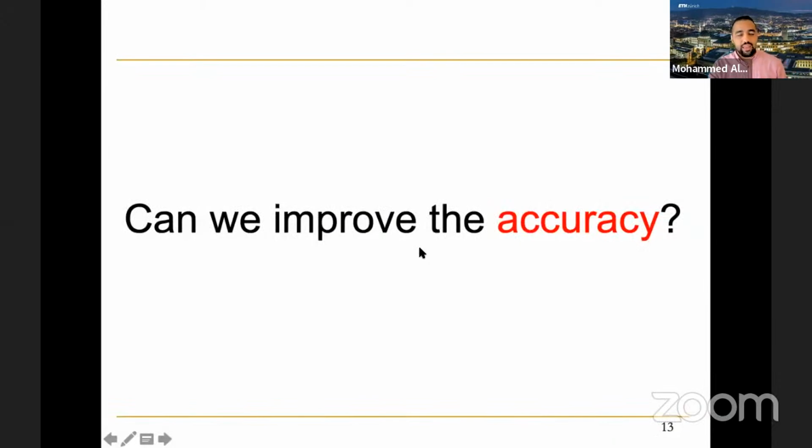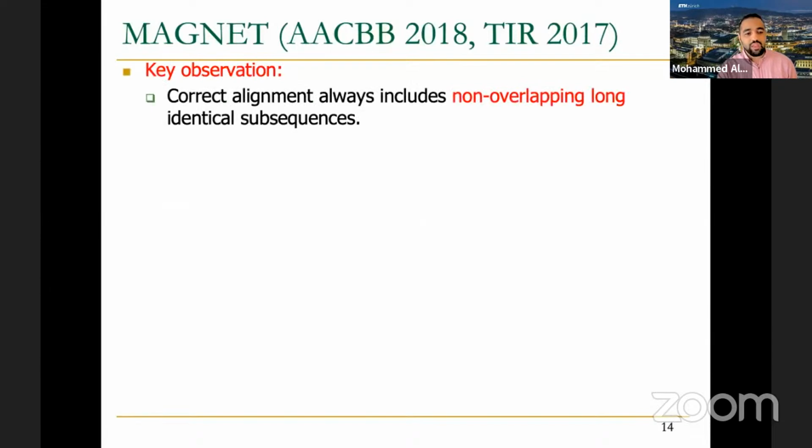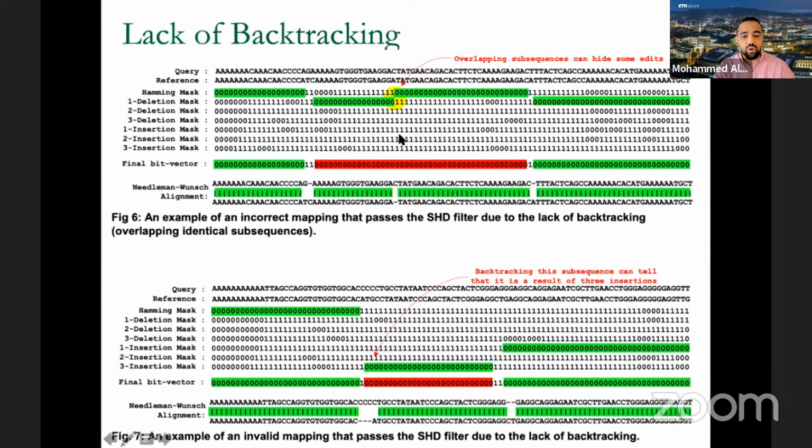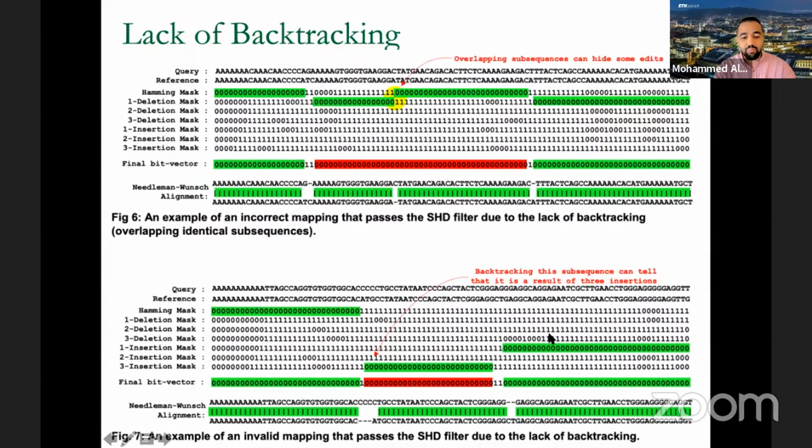Now, given the analysis we did in the Magnet paper, we proposed a new algorithm. The key observation is that correct alignment always includes non-overlapping, long identical subsequences, and those are based on the matrix we built. So you need to build all these masks, and then you try to find the green highlighted segments, and you will see that they are always non-overlapping. Even if they overlap at some point, for example, I don't see any of them overlap, but they might, and this overlap portion is not part of the solution. So the solution should always include the non-overlapping portions.